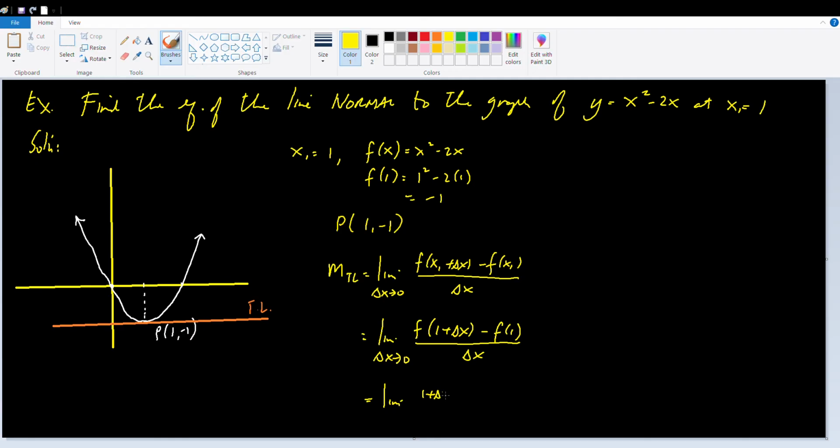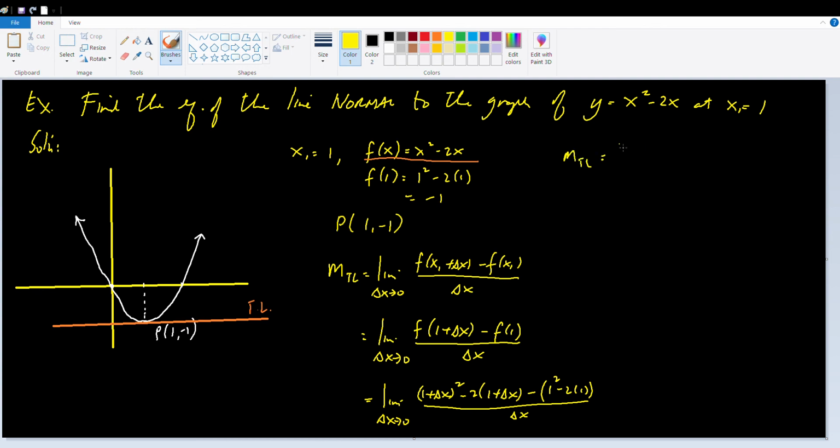So 1 plus delta x squared minus 2 times 1 plus delta x, minus f of 1. So we replace x by 1: 1 squared minus 2 times 1, all over delta x as delta x approaches 0.